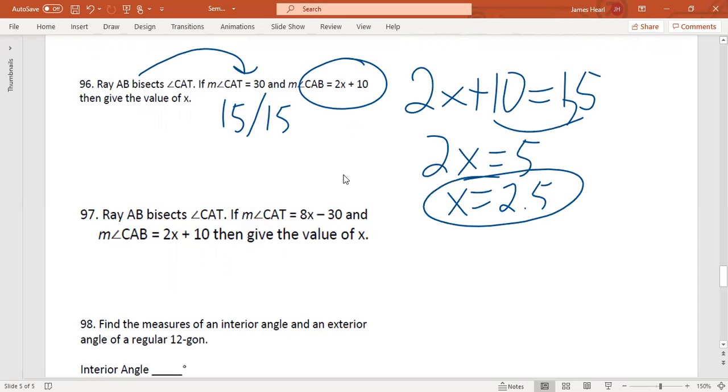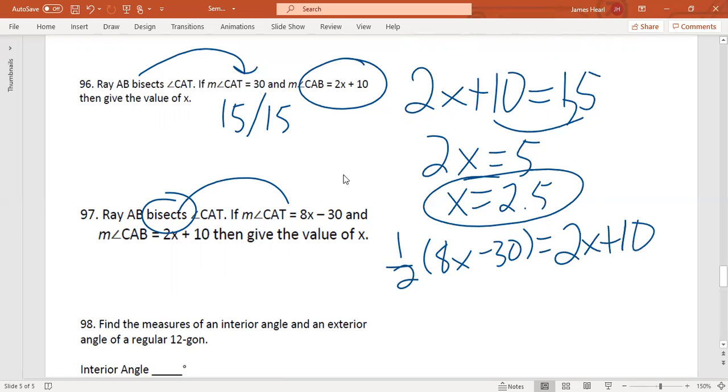97 is the same style problem, except instead of being given an actual number that you could cut in half easily, you're going to have to actually go do the algebra. So we're going to do the same exact logic. It's the same setup. Half of 8x minus 30 must be equal to 2x plus 10. It's the same design. Now you have options.